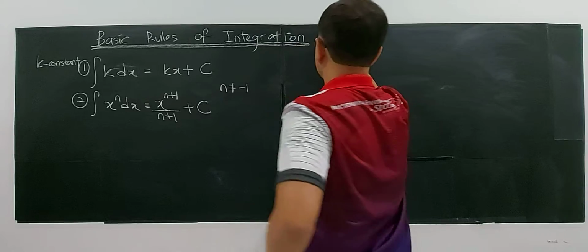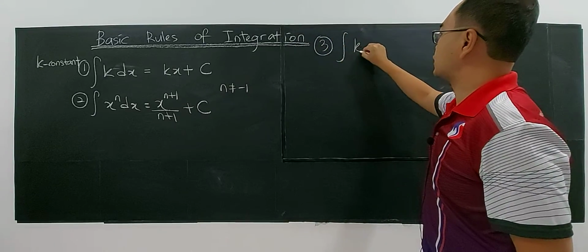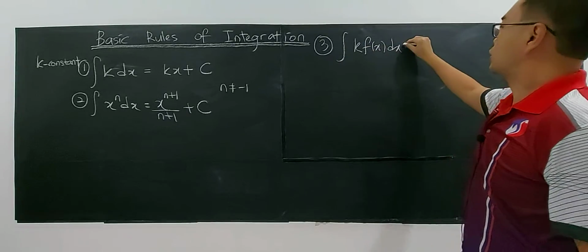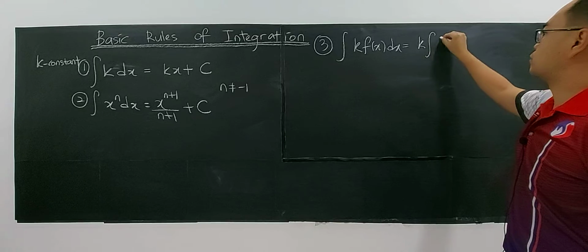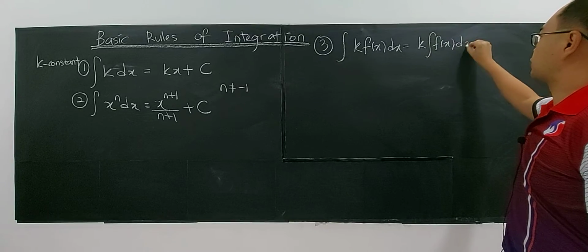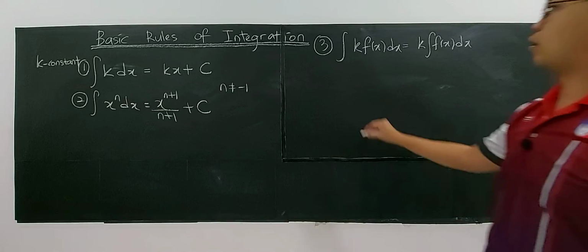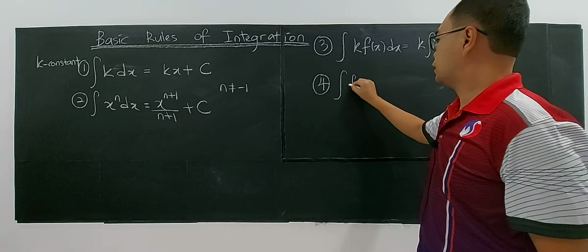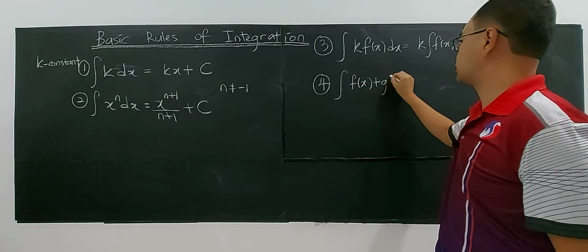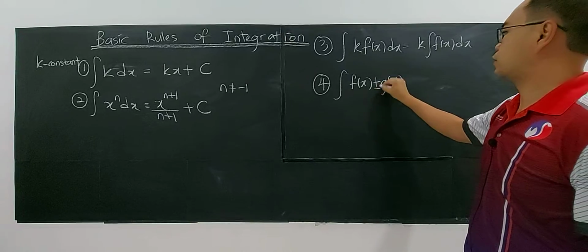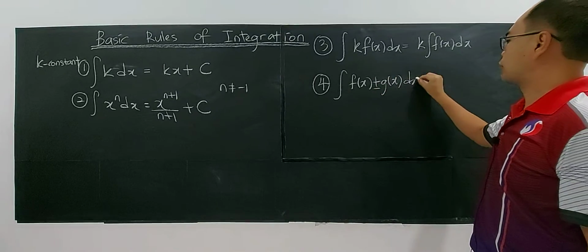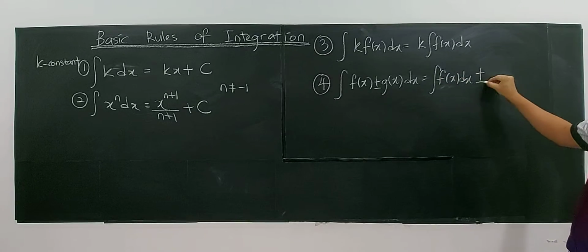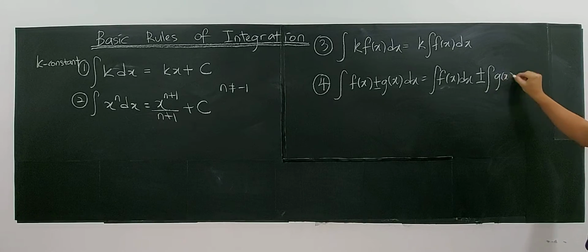The third rule is, if there is a constant multiplying a function, you can factorize the constant before you integrate. Or if you integrate the addition or subtraction of one function with another function, you can write it as the integral of f(x) dx plus or minus the integral of g(x) dx.